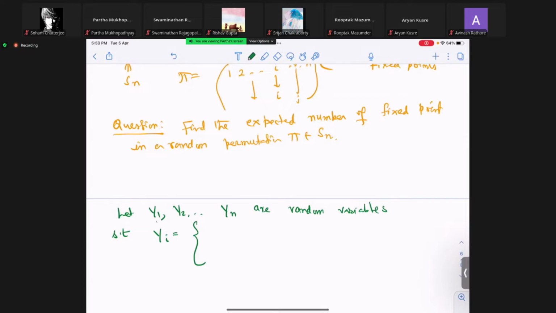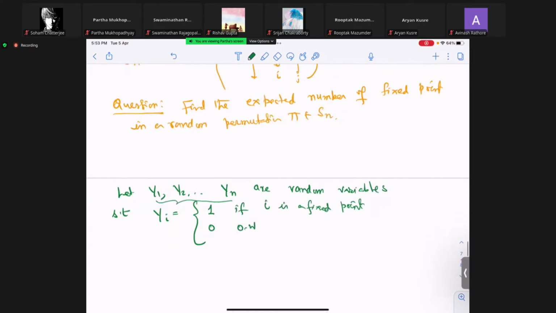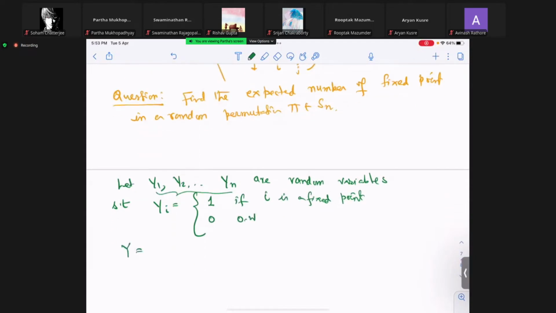So yi is equal to 1 if pi(i) is equal to i, right, if i is a fixed point, and 0 otherwise. Then you know that the random variable you are interested in is y, the sum of all yi. And you want to compute the expected value of this random variable y. That is, by linearity of expectation, the sum of expected values of yi.